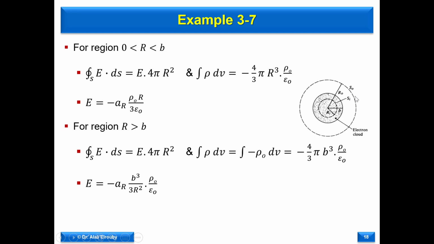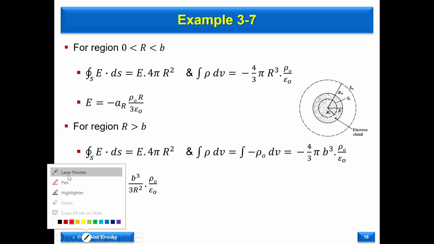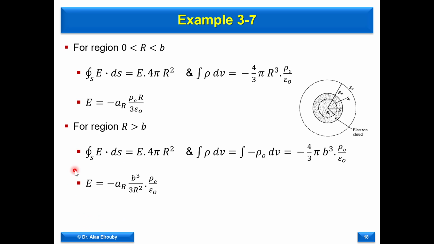Applying Gauss's law, the left-hand side will equal the electric field multiplied by the area. On the right-hand side, we are integrating over the whole volume of the sphere, but the charge just exists up to radius b. So the right-hand side integration will be different than in this case.